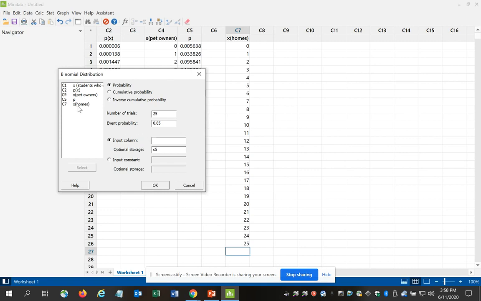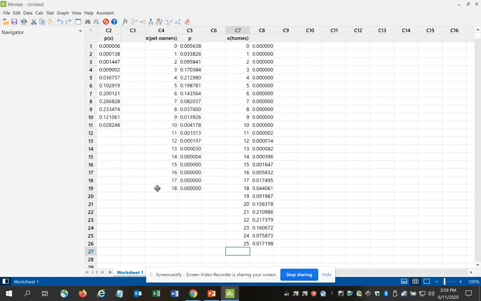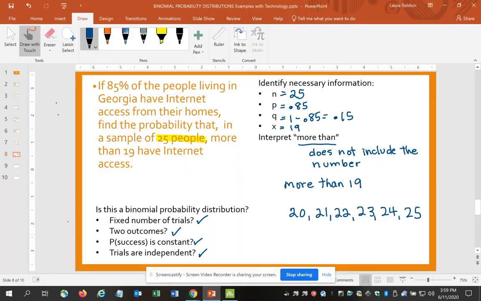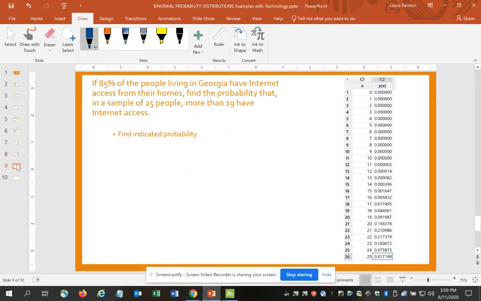Make sure you change the column where you're storing your data and your input data. We click OK. And we get this table of values. And again, I've copied those onto our screen so we can talk about it. And we said more than 19.